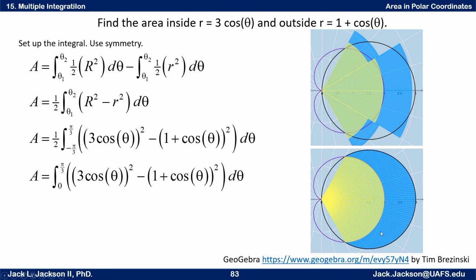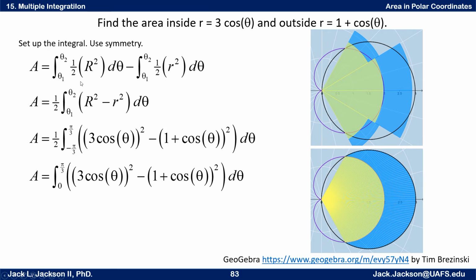As we do more and more of those slices, it approaches this here. So the outer integral from minus pi over 3 to pi over 3 of this outer curve is the total area of the blue and yellow together. And then if we subtract off the yellow area, which is the integral of the inner curve, we get the thing we're looking for.